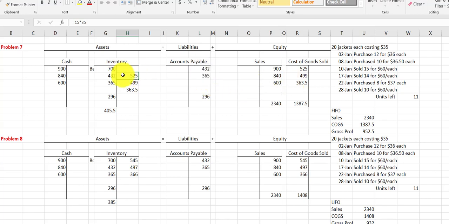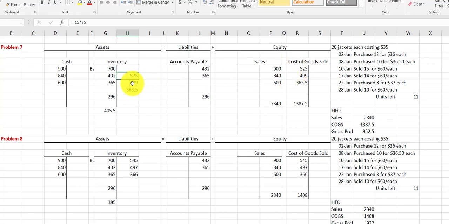All right? So the first one, when we sell at FIFO, which one are we selling? We're selling the oldest ones first. So it's 15 at $35. You can see the formula up here in the formula bar. That's a credit and a debit to cost of goods sold.